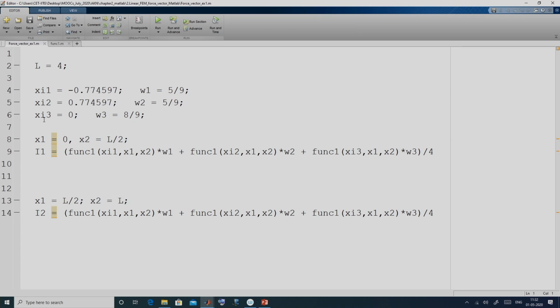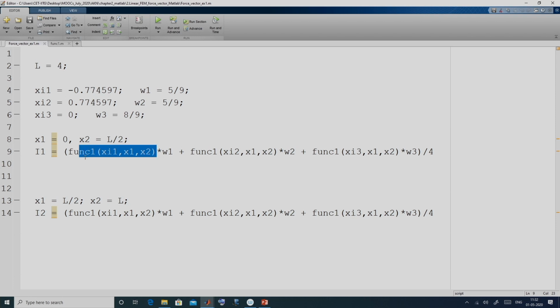So, for the first element, our left coordinate is 0, right coordinate is L by 2, and here you can see this is the value of the integrand at xi1.